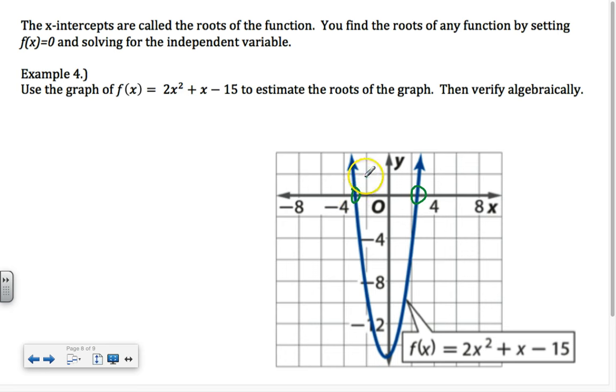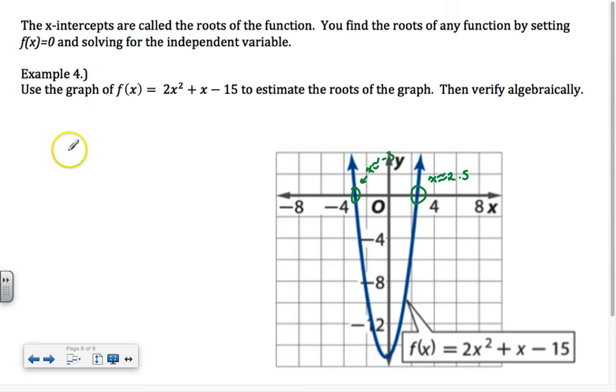This probably looks really close to 3. So this is approximately x equals negative 3, and this is, we'll say, approximately 2.5. Since it looks like these don't cross the x-axis at a really nice point, I'm just going to jump right to it and use my quadratic formula to verify this algebraically.